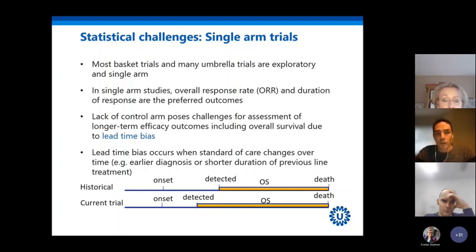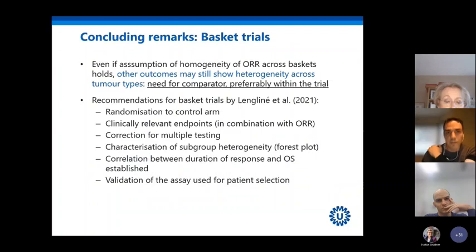And that's also quite a challenge when you consider these basket studies, which are typically single arm, and when you want to say something about the longer term efficacy outcomes. And there's also still the issue that even if there's homogeneity of your response rates across the baskets, that does not automatically mean that there will be homogeneity across the tumor types for the other outcomes.